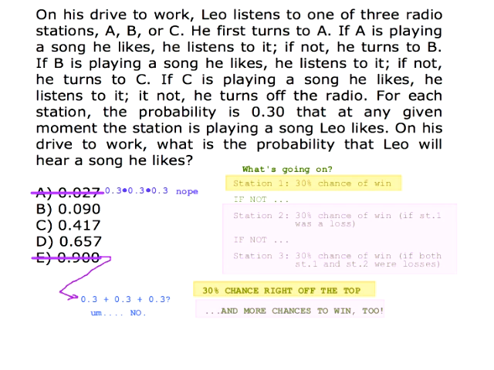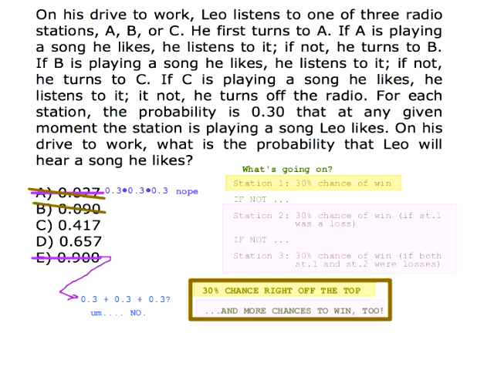So no matter what, it's not A or B, because A and B are not even 10%, much less 30%. So those are goners. A is also a goner because, don't just multiply those numbers together. But, yep.